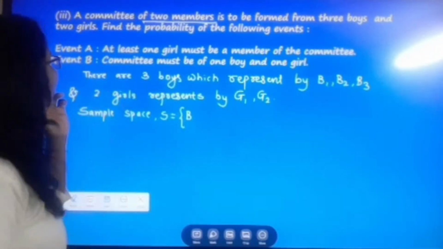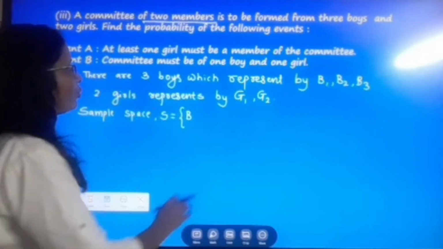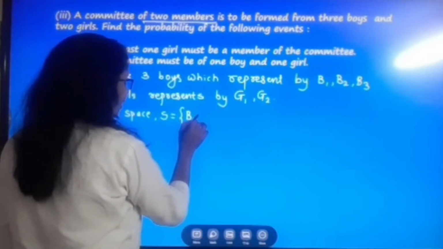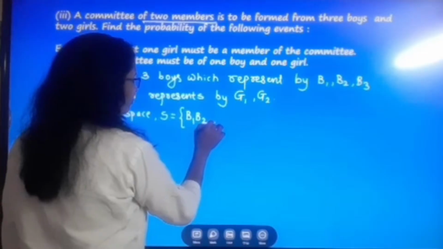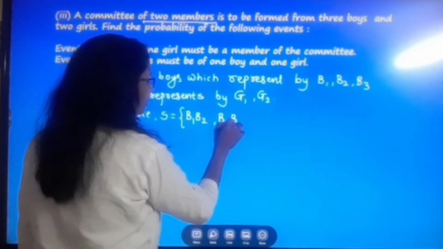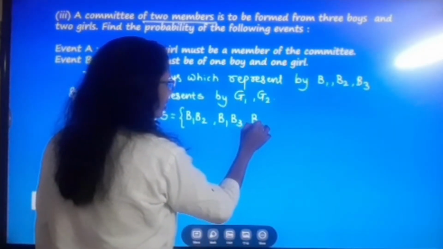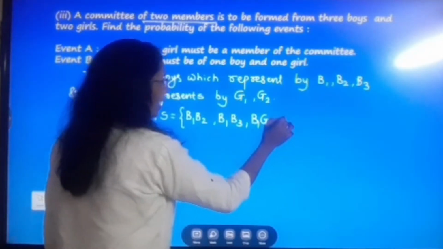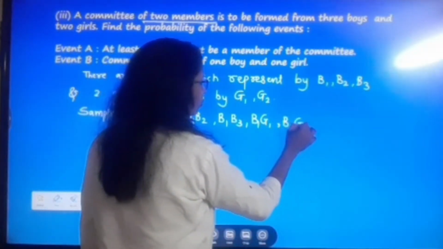So here I take B1: B1, B2, then B1, B3, then B1, G1, and then B1, G2.